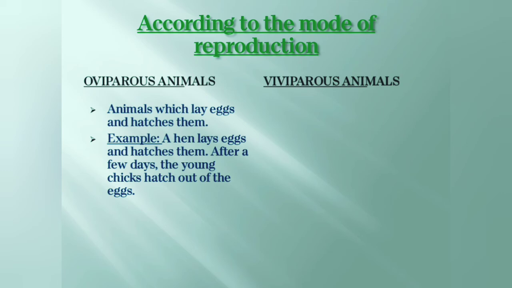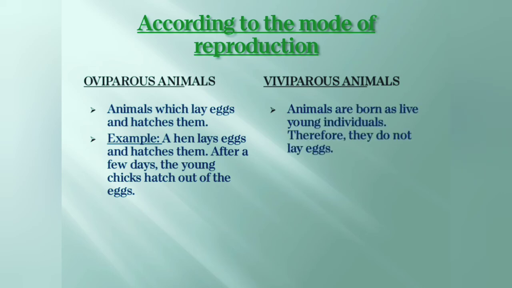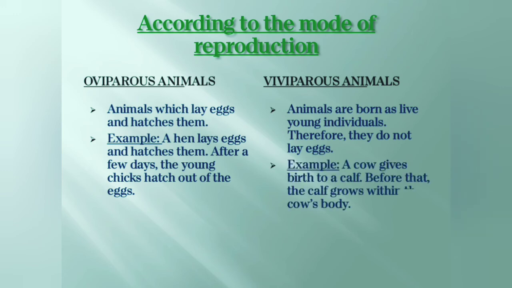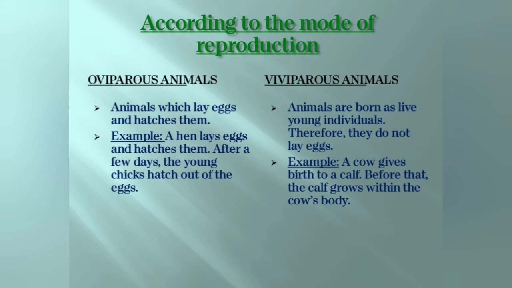And in viviparous, animals are born as living young individuals. Therefore, they do not lay eggs. For example, a cow gives birth to a calf. Before that, the calf grows within the cow's body. Okay, so this is the classification of animals according to the mode of reproduction.